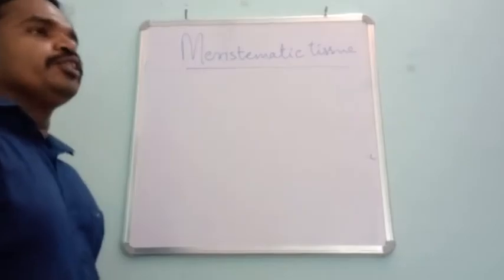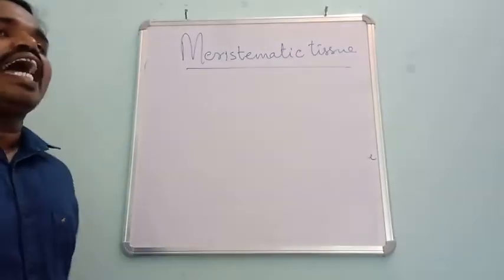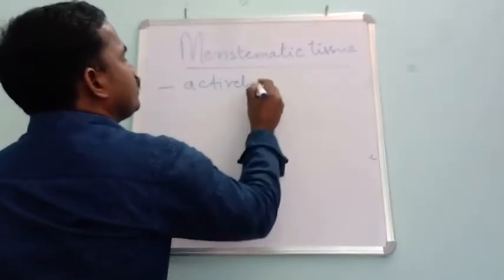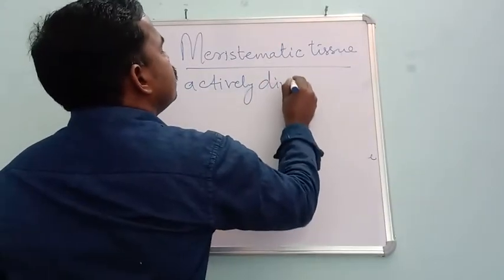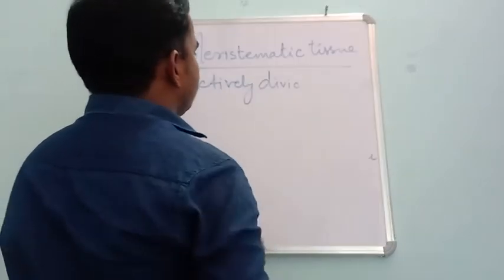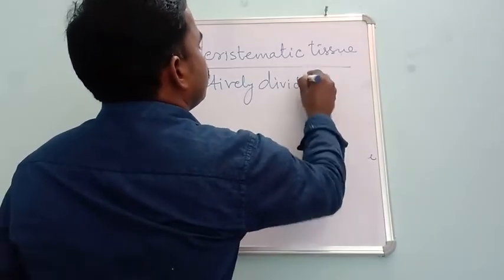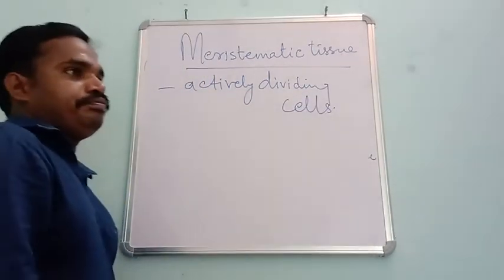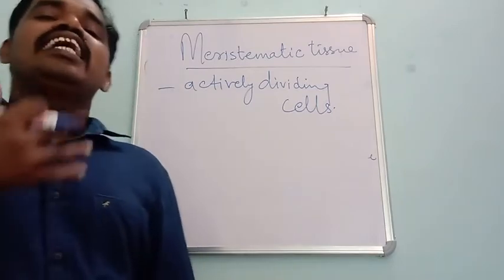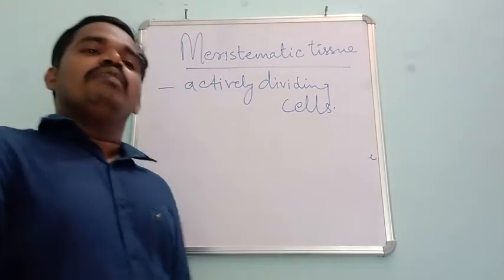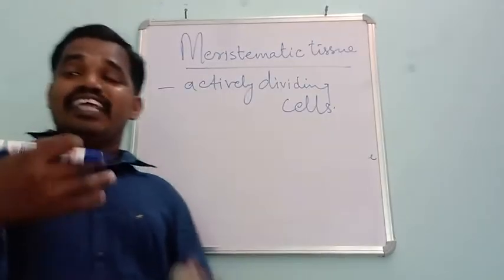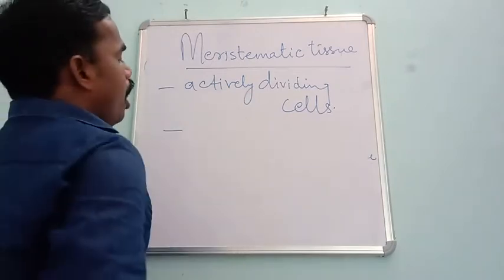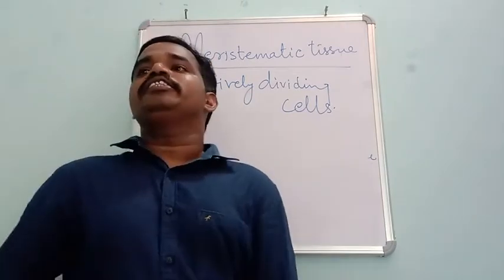Meristematic tissues are composed of actively dividing cells. They are continuously doing the cell division process. The main function of meristematic cells is continuous cell division.